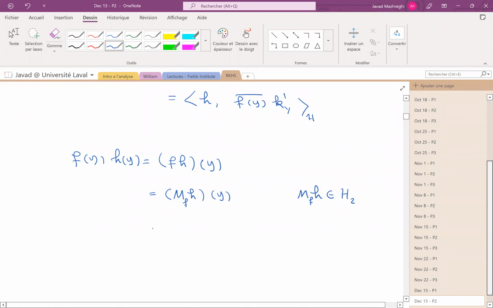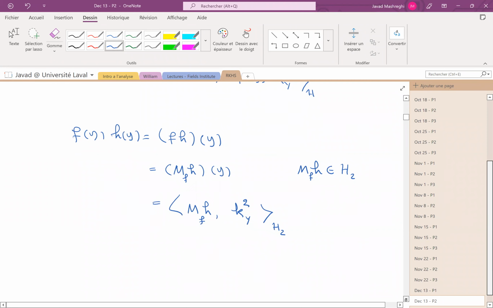Evaluation at point y is equivalent to inner product of this function with the kernel, but the kernel in the second space. And now I take M_F as an operator to the other side.